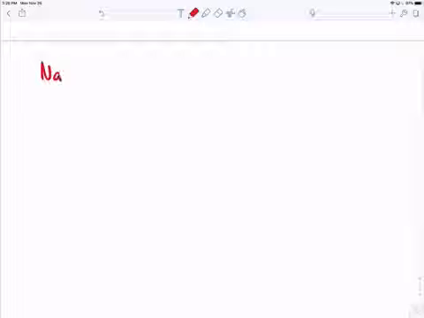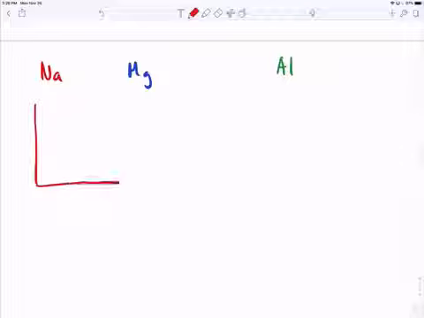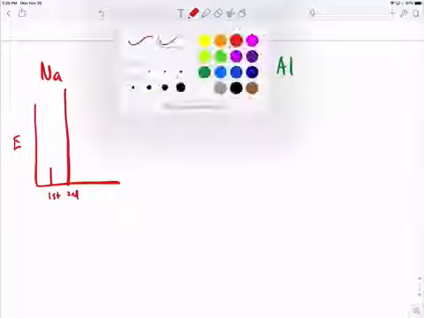We have sodium, magnesium, and aluminum. So sodium, if you look at the ionization energy, here would be the first, and then the second is just huge.